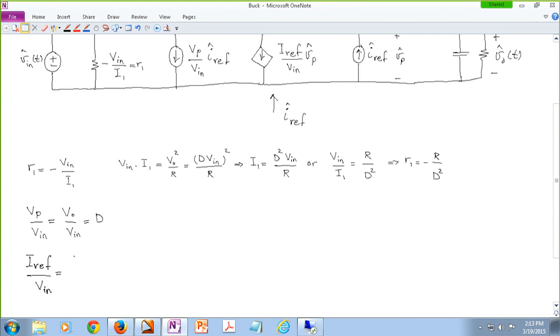So this is nothing but the load current over Vn. Okay, and the load current is V out over R. So again, V out over Vn is D, so we are looking at D over R.